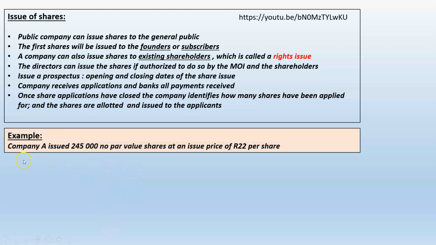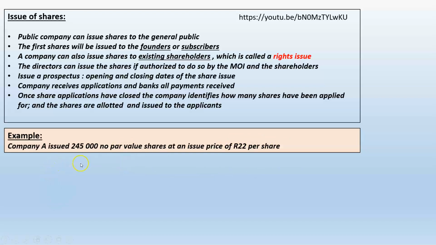Good. Now let's say company A issued 245,000 no par value shares at an issue price of 22 Rand per share. Now guys, what is a no par value share? A no par value share is a share that doesn't have a nominal value.